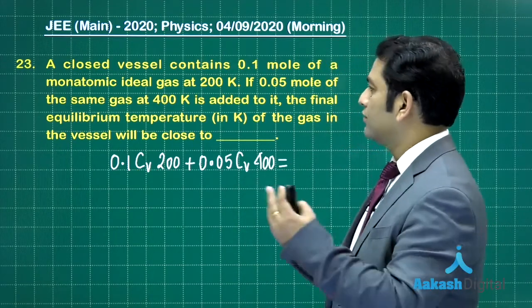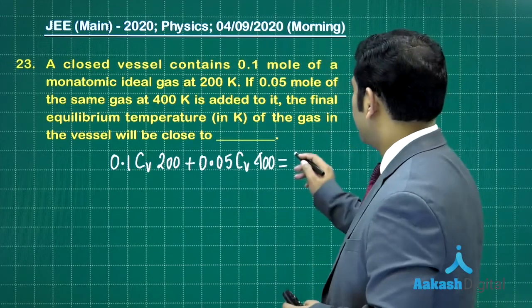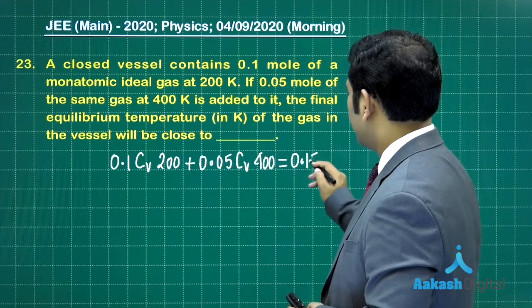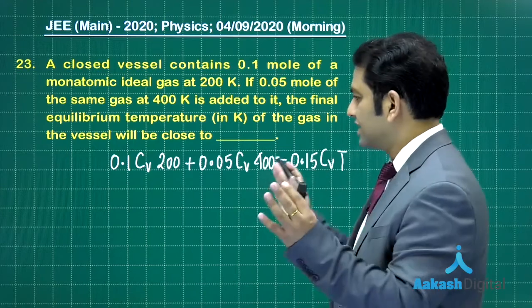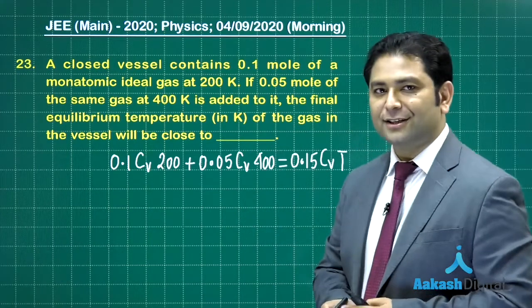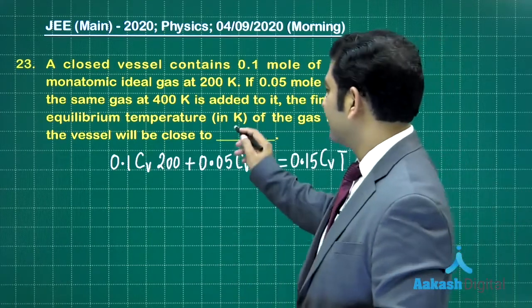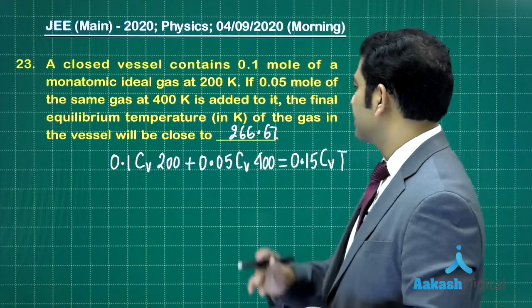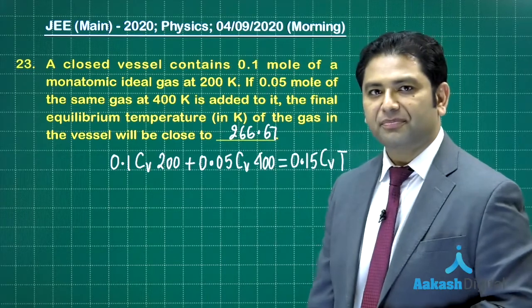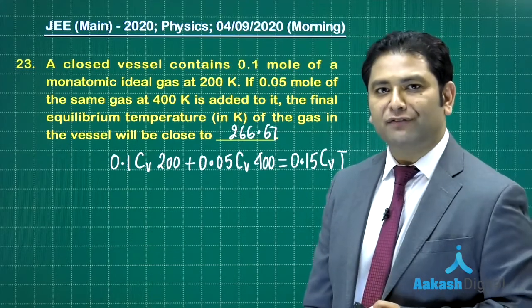And finally, what will be the total number of moles? That's going to be 0.15 into CV into temperature T. We have just equated the initial internal energy with the final one, and that value comes out to be 266.67 kelvin, the temperature. Let's go to the 24th question.